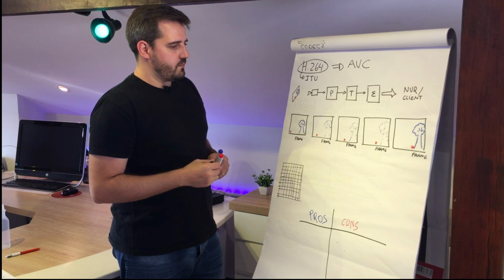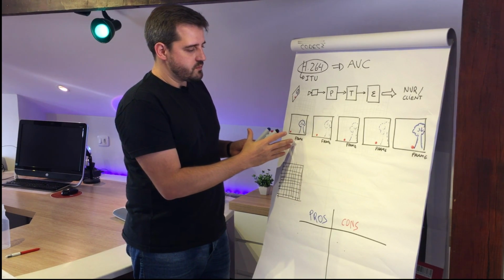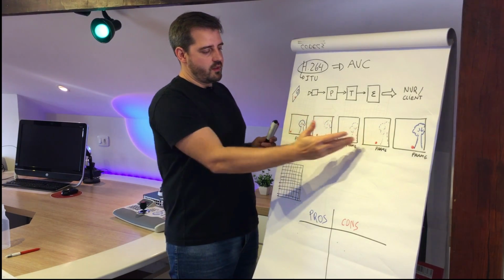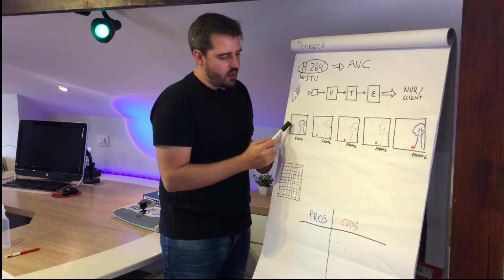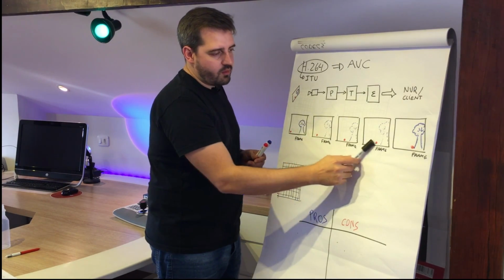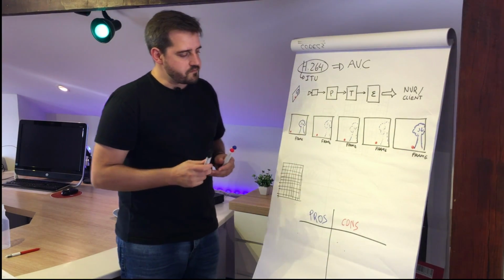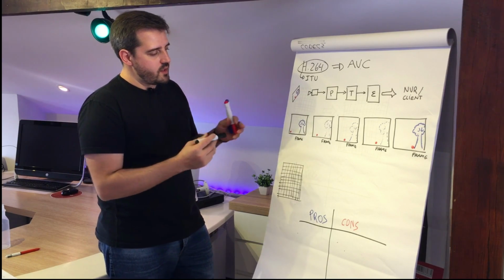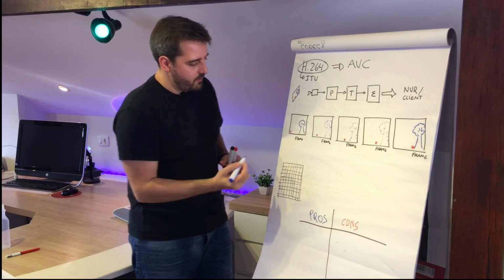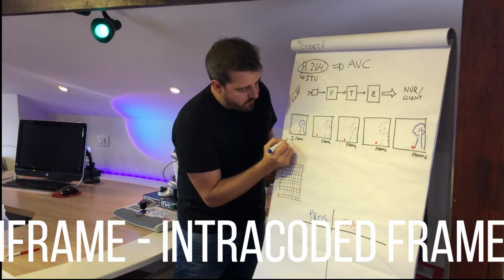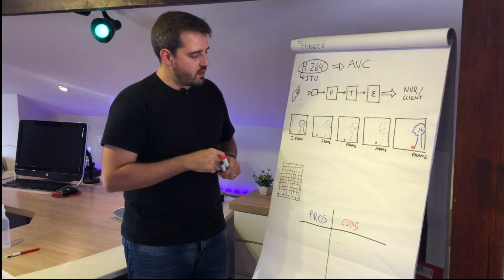So let's start to see an example here of the scene. We have a background, and we have a ball passing through the scene. Initially, the first one here we'll call the I-frame, intra-coded frame.